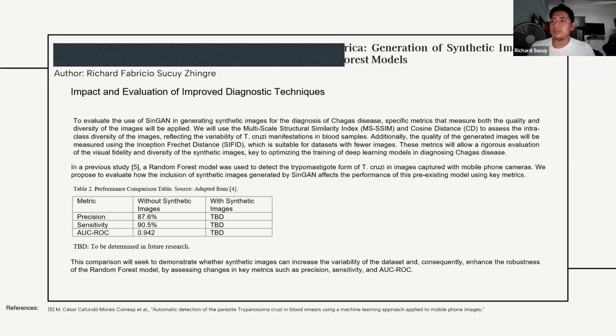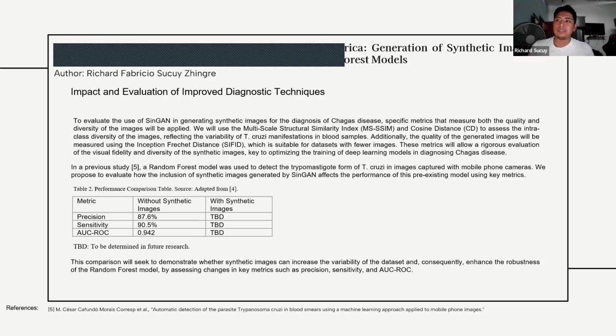which is stable for datasets with fewer images. These metrics will allow rigorous evaluation of the visual fidelity and diversity of the synthetic images, to improve the training of deep learning models in diagnosing Chagas disease or machine learning.